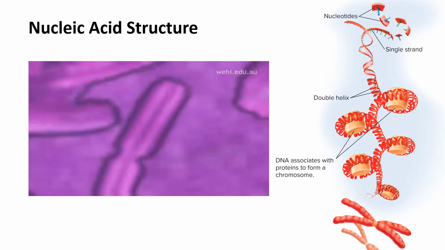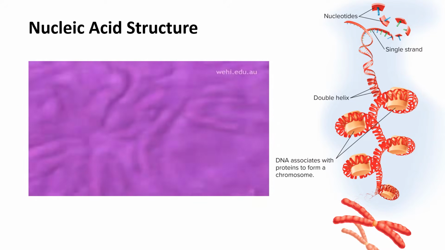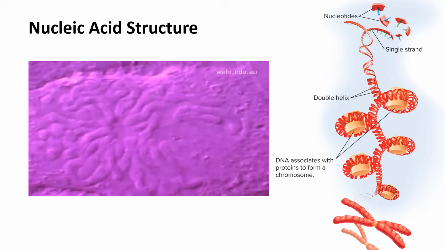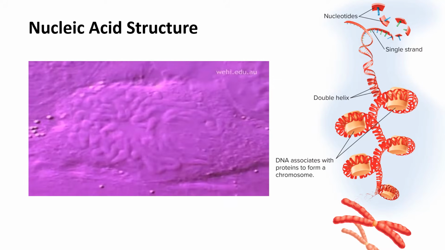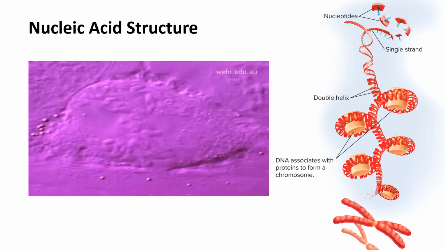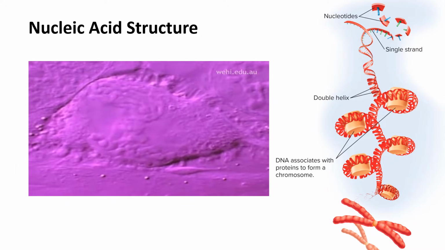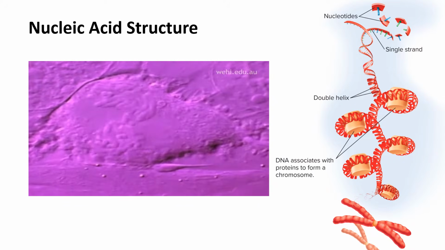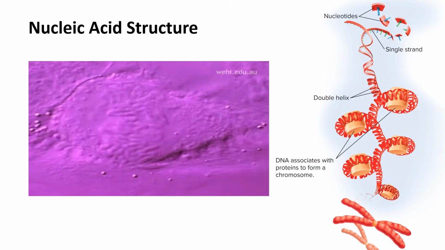Leading finally to the familiar shapes known as chromosomes, which can be seen in the nucleus of dividing cells. Chromosomes are not always present. They form around the time cells divide when the 2 copies of the cell's DNA need to be separated.